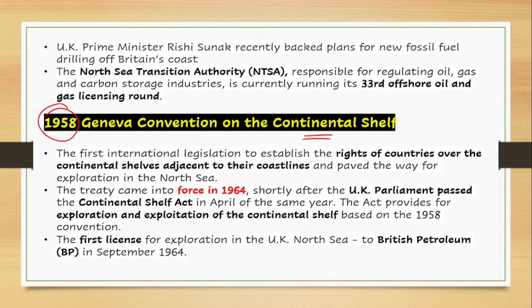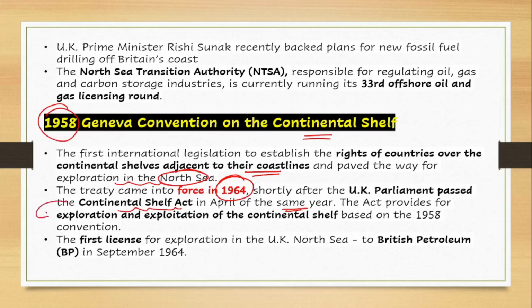According to this convention, the countries got the rights on the continental shelves and their adjacent coastlines, because of which countries like the UK could explore in the North Sea. This Geneva Convention of 1958 on the continental shelves came into force in 1964, after which the UK Parliament passed the Continental Shelf Act in the same year.